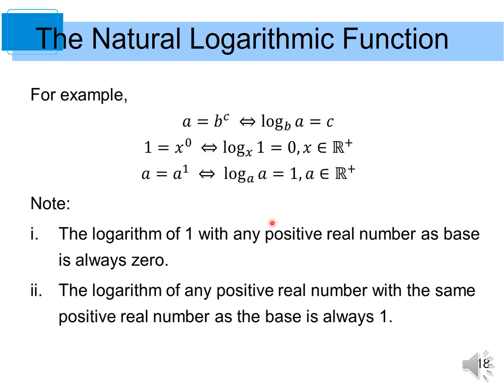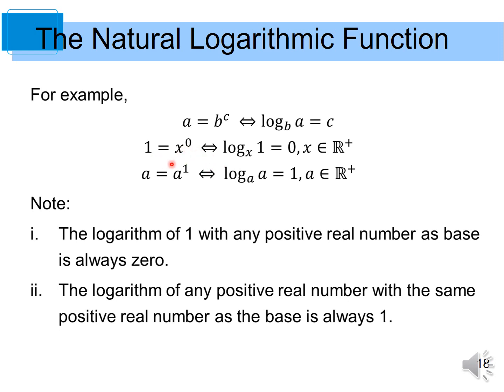Look at this example. Let's say we have a equal to b to the power of c. This expression can be written as log of a to the base b equal to c, and 1 equal to x to the power of 0, because anything to the power of 0 is equal to 1.